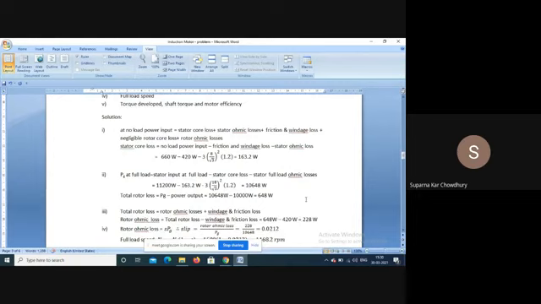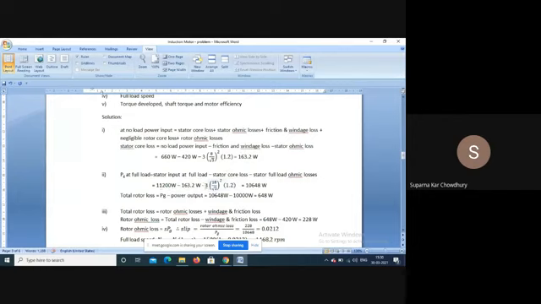Now PG, or the air gap power at full load, is equal to stator input at full load minus the stator losses, that is the stator core loss minus the stator ohmic loss. So your stator input is given as 11.2 kilowatt. So this is the stator input minus the stator core loss we have found out from here, and again the stator ohmic loss.